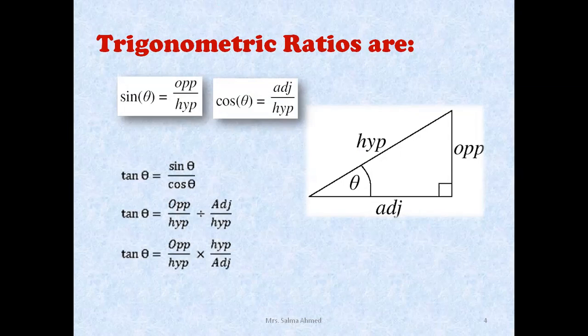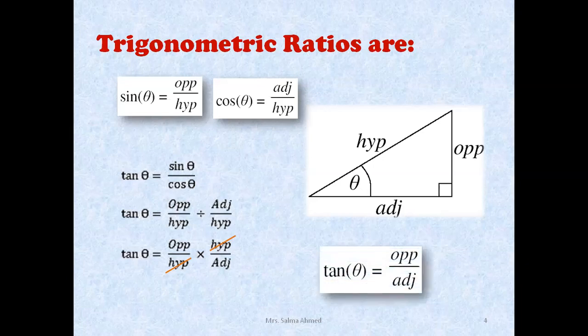So it will be opposite over hypotenuse times hypotenuse over adjacent. If we cancel the hypotenuse with the hypotenuse, we have tan equals opposite over adjacent. So this is the final rule that we are going to use for this lesson: opposite over adjacent.